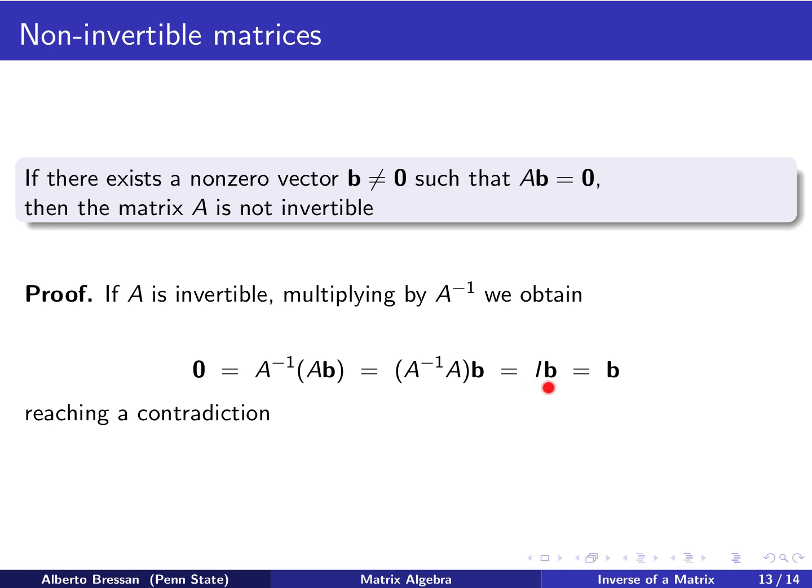You will have identity times B, which is B. And then we see that B is a zero vector, which is a contradiction because we assumed that B is a non-zero vector. So we have a contradiction, which means the assumption we made here that A is invertible is false, and therefore A is not invertible.